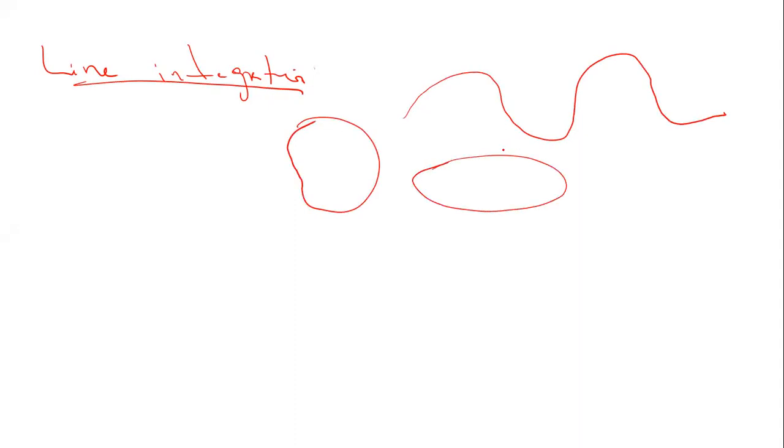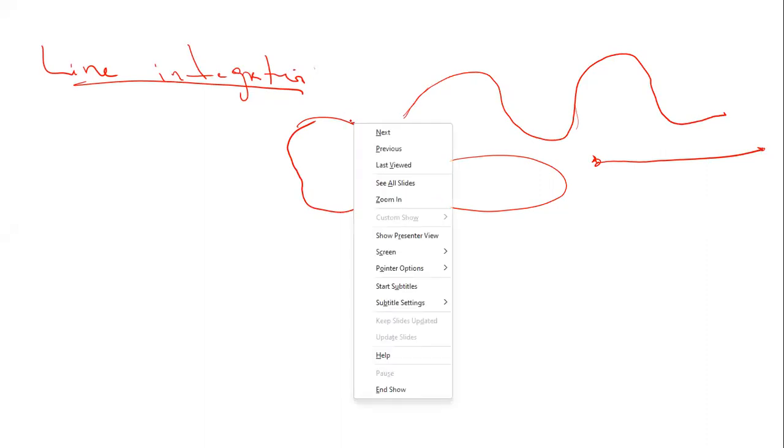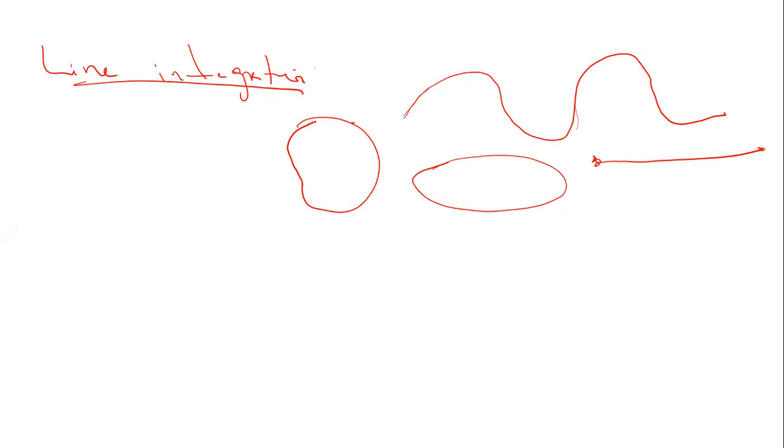If you are performing summation over all this line, or maybe it's a straight line, from one end to another end, or in the case of a circle, if you are going to perform integration starting from one point of the circle around the circle and coming back to that point, that type of integration is called line integration.